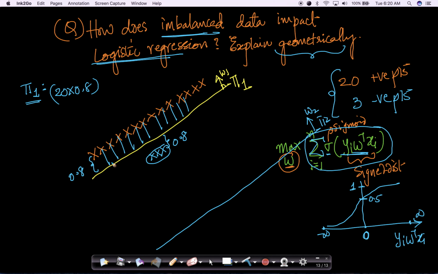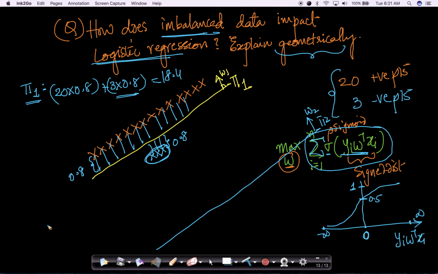I need to sum all of these 0.8s plus 3 into 0.8. This 3 into 0.8 corresponds to these 3 negative points. This 20 into 0.8 corresponds to these orange points. So 20 into 0.8 is 16, and 16 plus 2.4 is 18.4.